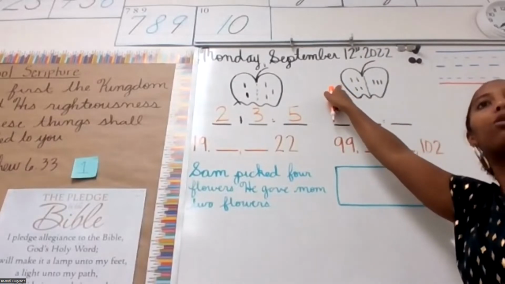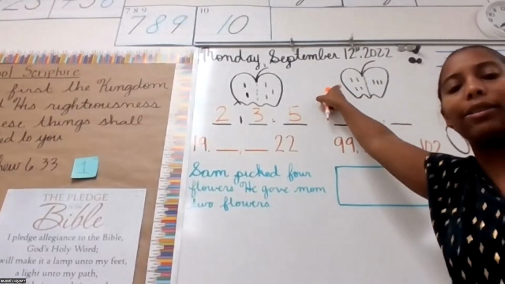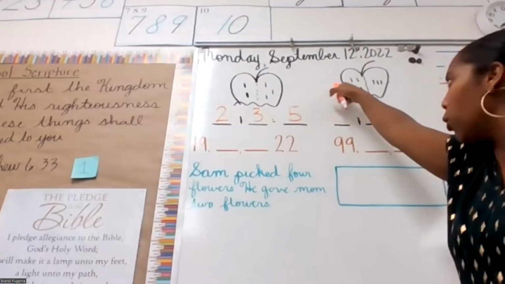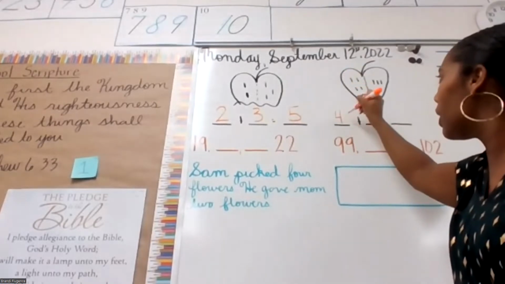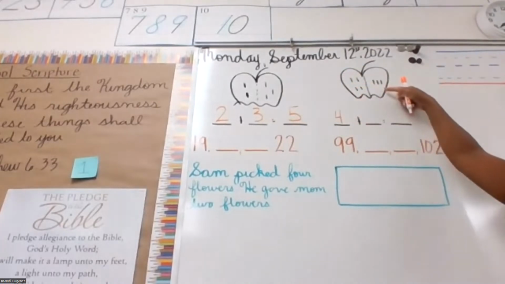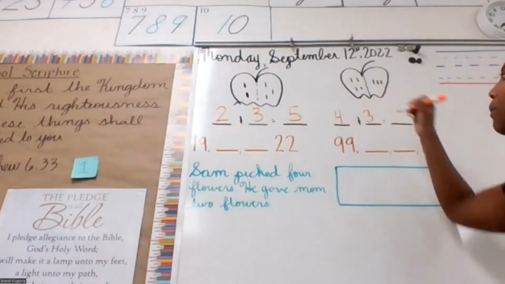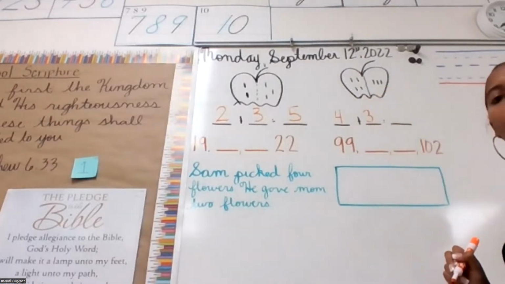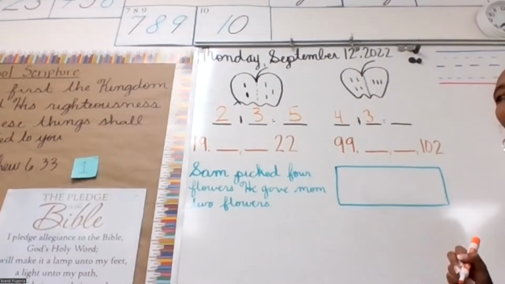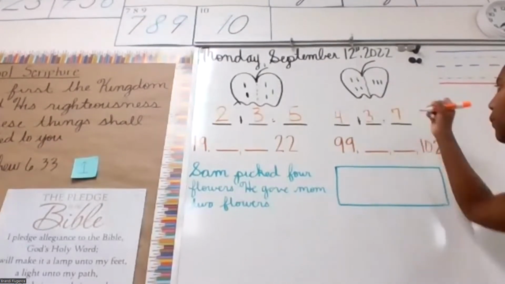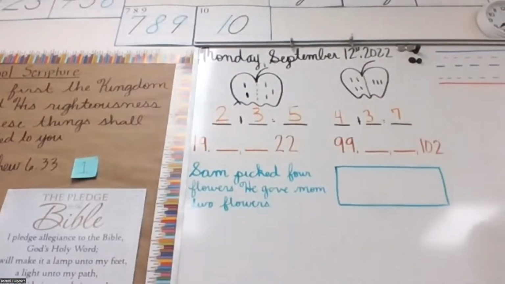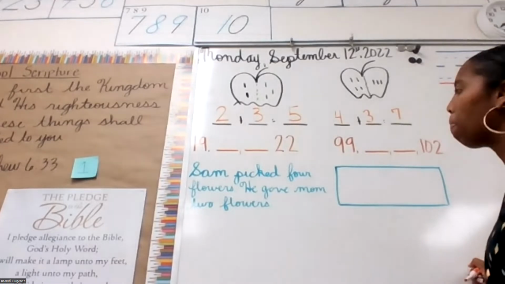How many seeds total are on this side here? Tell me. 4 plus how many seeds are on this side here? 3. So my number sentence is saying 4 plus 3. How many seeds would that be total? 7. 4 plus 3 is 7.